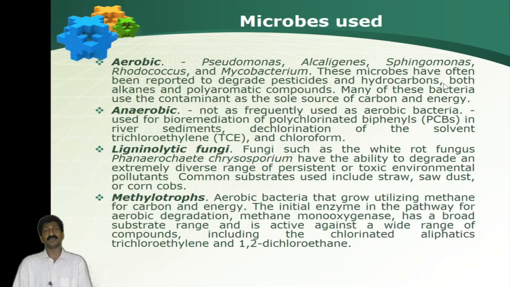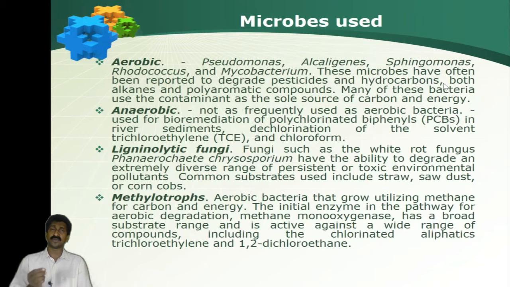Many of these bacteria use the contaminant as a sole source of carbon and energy. So these aerobic organisms will use compounds like hydrocarbons, alkenes, polyaromatic compounds, and even pesticides as a sole source of carbon or substrate, so they will degrade them completely. Then there are anaerobic organisms, not as frequently used as aerobic bacteria.